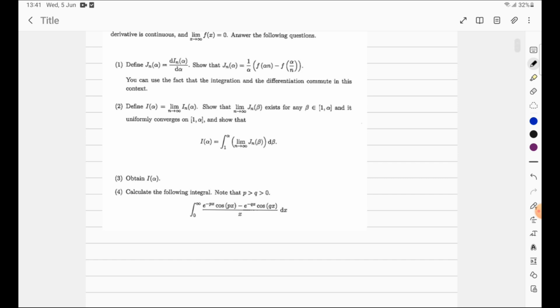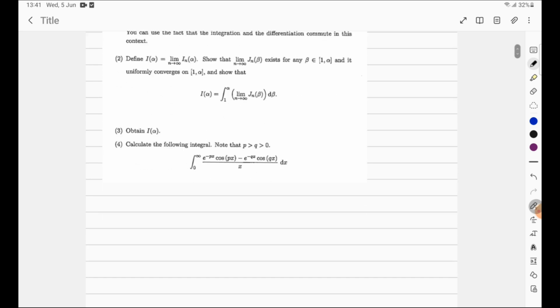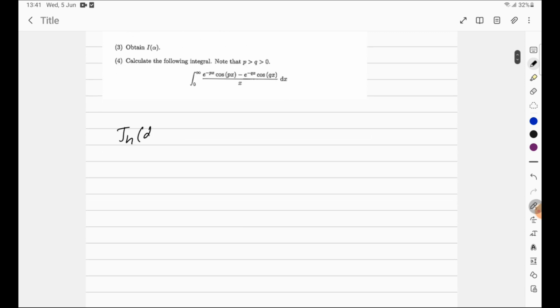First part is define J_n(alpha) as the derivative of I with respect to alpha and show that it equals this. They're saying that J_n(alpha) is the derivative of this integral of (f(alpha x) minus f(x)) over x dx.